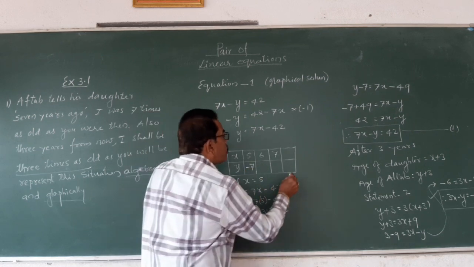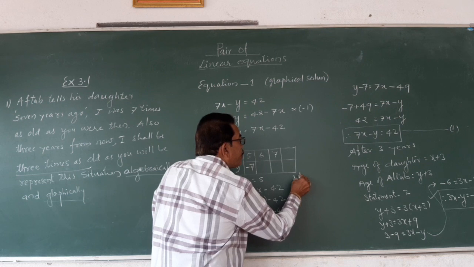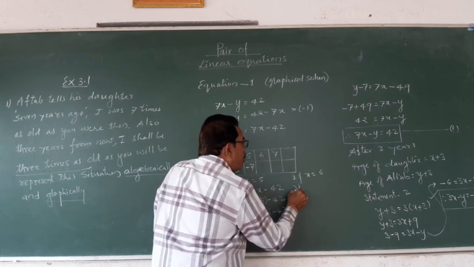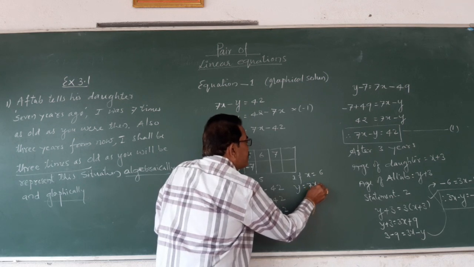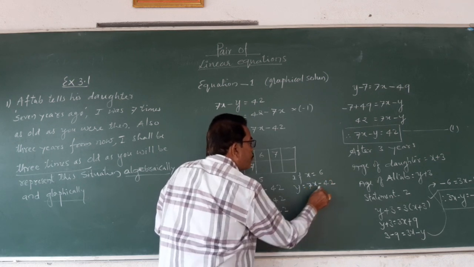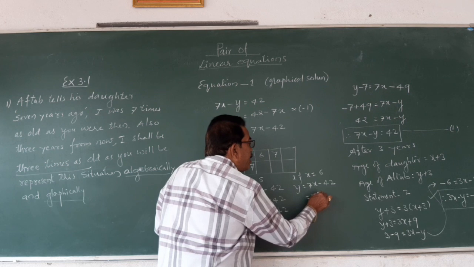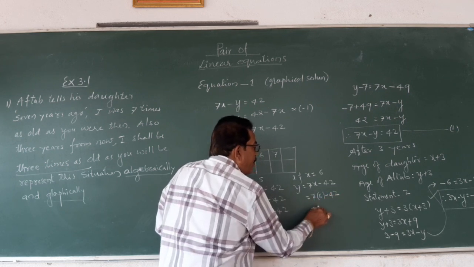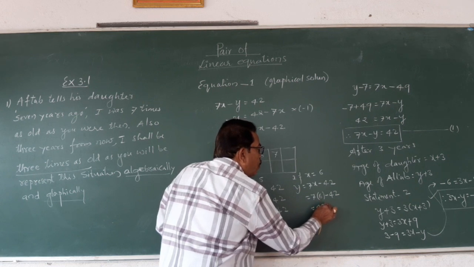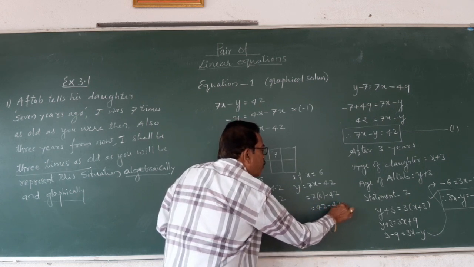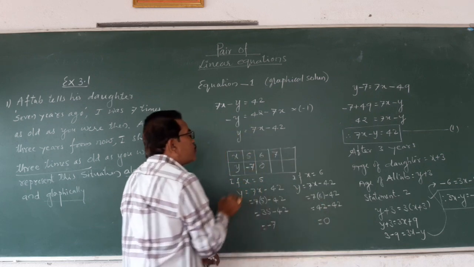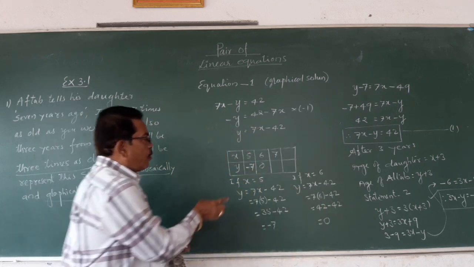Then if x equals 6, then y equals 7x minus 42. So, 7 into 6 minus 42. 7 6s are 42 minus 42, which equals 0. That is, when x equals 6, y equals 0.